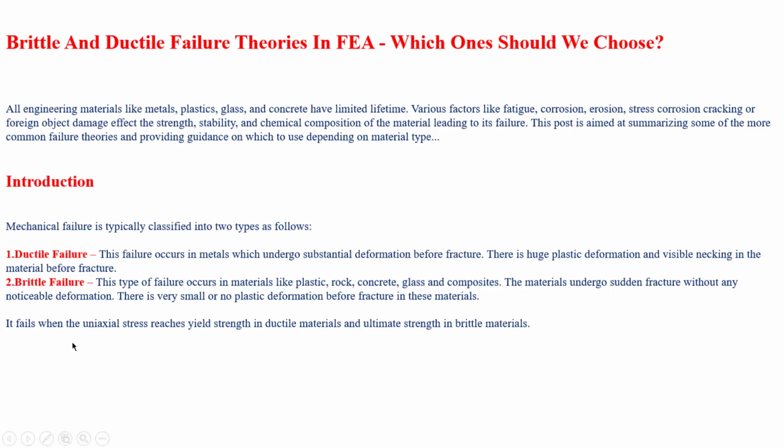So in short, for the ductile material, failure occurs when the uniaxial stress reaches the yield strength. Now in the brittle material, whatever the ultimate strength is, directly it will take as the failure criterion. When it reaches the ultimate stress, the brittle materials will fail.